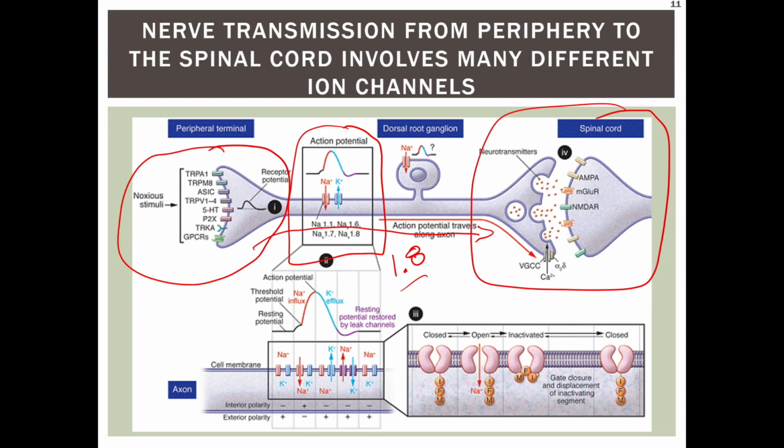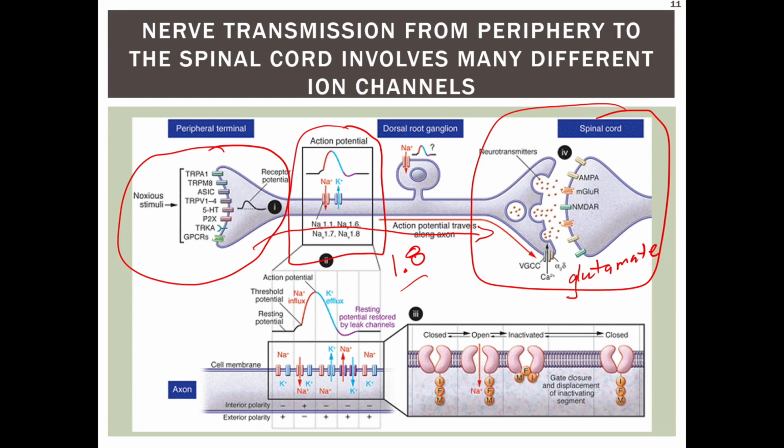And so you have this conduction of signal into the spinal cord, and once we get into the spinal cord, we see that there is a release of neurotransmitters, and in particular glutamate. Glutamate being the major excitatory neurotransmitter in the brain, glutamate plays a really important role in conduction of pain here in the spinal cord.